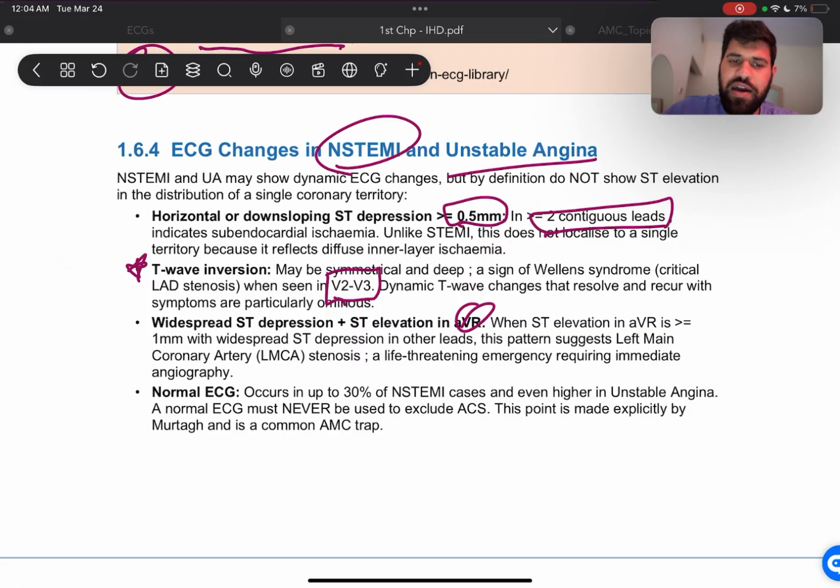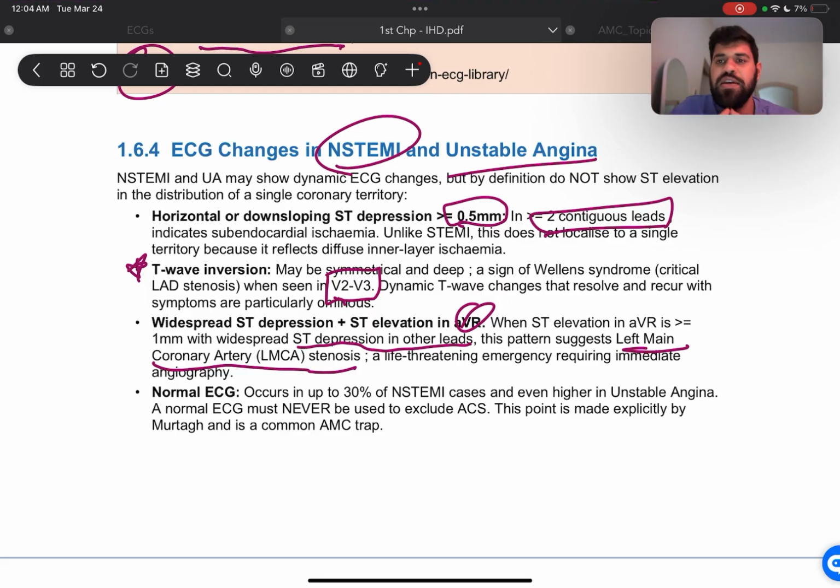If you see widespread ST depression and ST elevation in AVR, then that's a problem. When ST elevation in AVR is greater than or equal to 1 mm with widespread ST depression in other leads, so now it's the other way around, where there's ST elevation in AVR whereas ST depression in other leads, then this is going to suggest LMCA, left main coronary artery stenosis, which is a life-threatening emergency requiring immediate angiography.